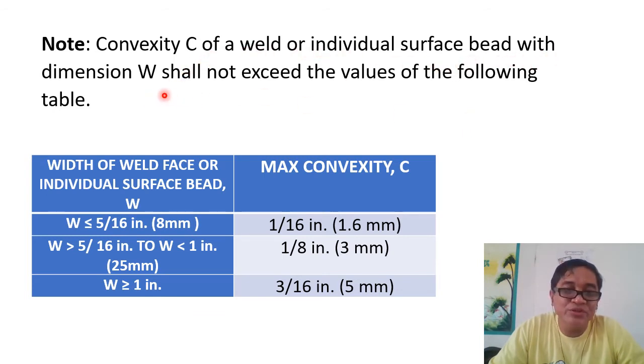So this is the explanation diagram that explains about the convexity C of a weld or individual surface bead with a dimension W, which shall not exceed the values of the following table. So you have here the width, the dimension is not greater than 5/16 inches, so that's equivalent to 8 mm. And the width is less than 5/16 inches to width, and the width is not greater than 1 inch or 25 mm.